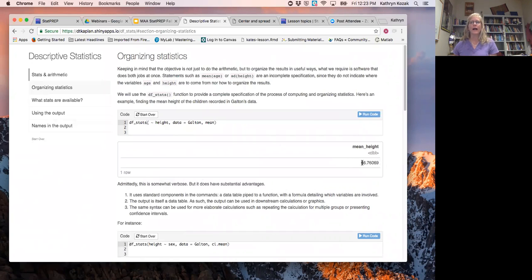So the way I actually have created R, my college has an RStudio license, which is free as long as you can prove to RStudio that it's in your syllabus, that you're actually going to be using it, required in your classes.